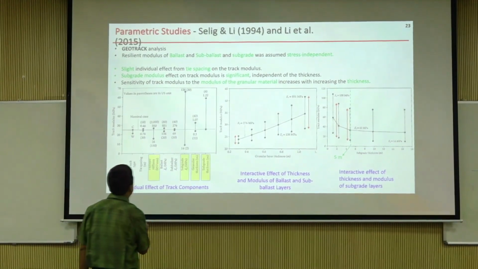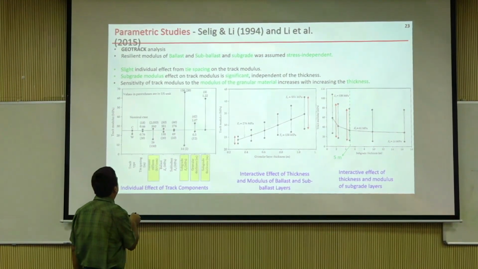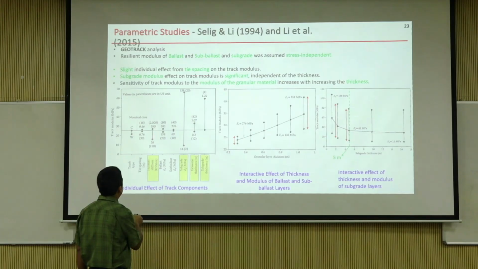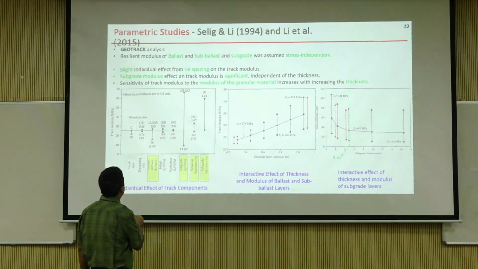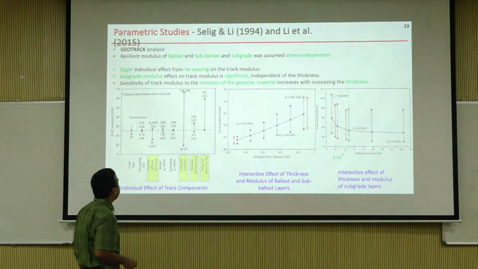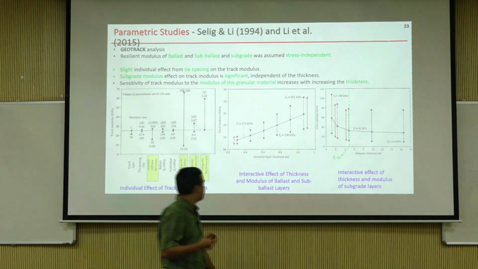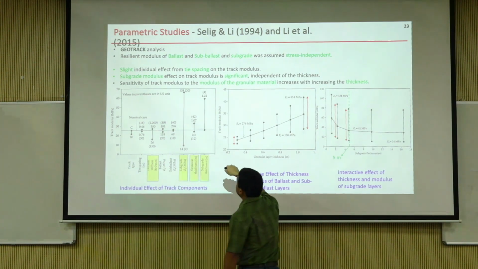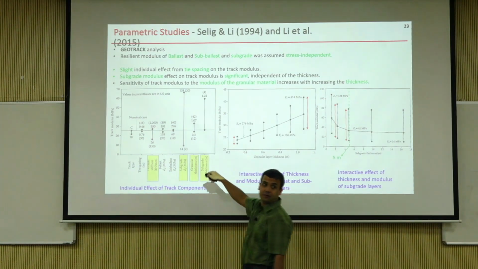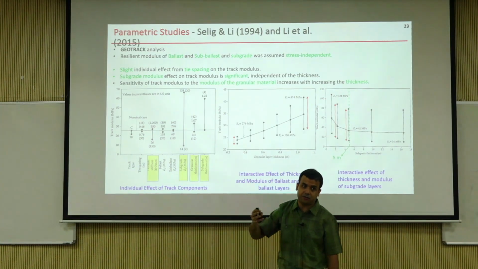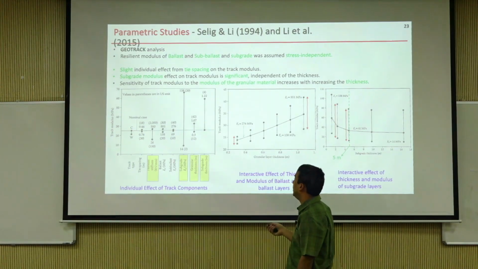Fastener stiffness, look, 350 versus 26. This is in US units, and kilonewton per millimeter is here. So the point is, if you increase the fastener stiffness significantly, this is different vendors providing different values, your track modulus does change quite a bit.